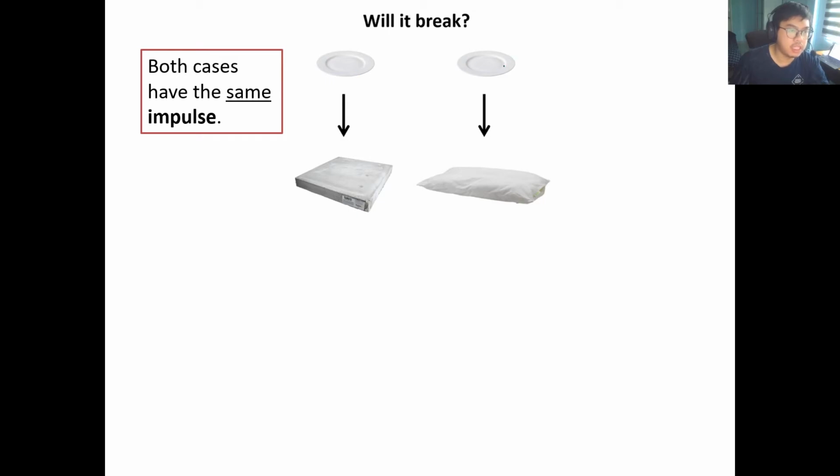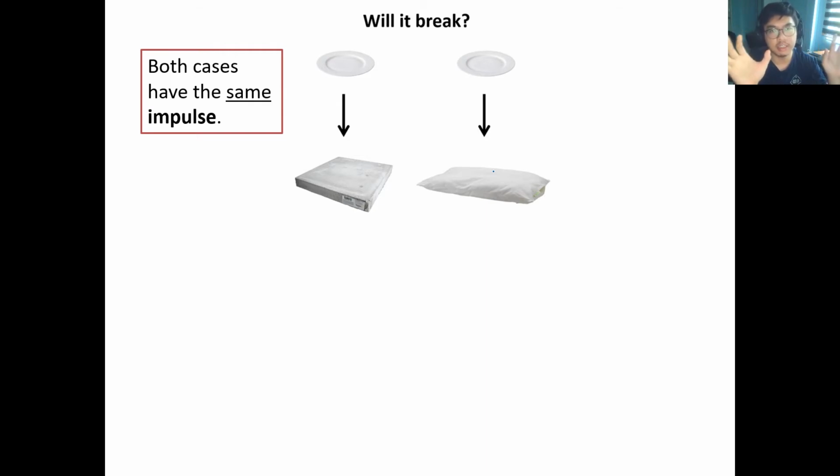Now, when the plate is falling, at first it's moving at a certain speed. Both of these are moving at a certain speed because they're both the same object and they fall from the same height. They have the same initial speed, and then when they hit the object, they stop. So their momentum becomes 0. So in both of these cases, the change in momentum is the same.